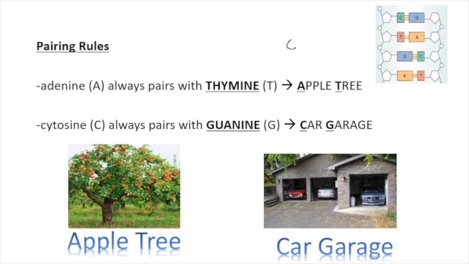If we look at the diagram up in the corner here, remember, our adenine and our guanine were the double ring structures, and then the cytosine and the thymine are single ring structures. So it's always one big one paired with one little one.